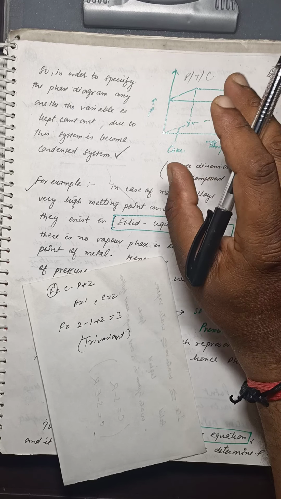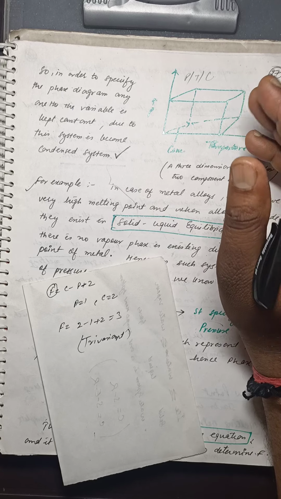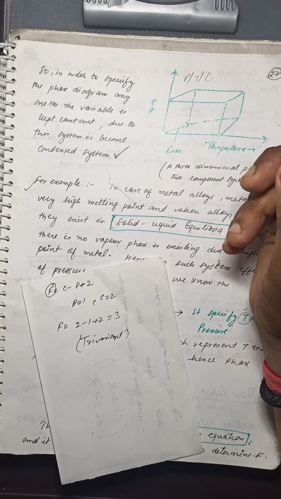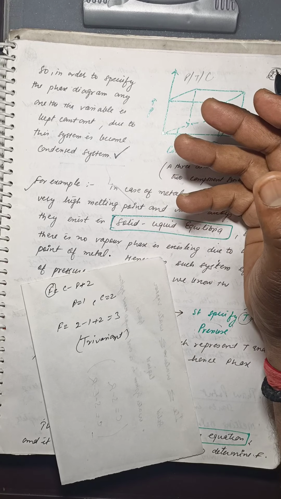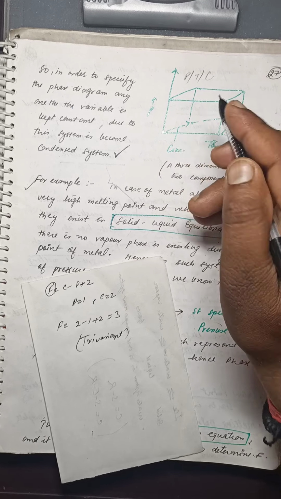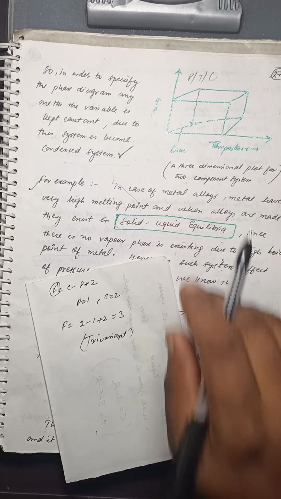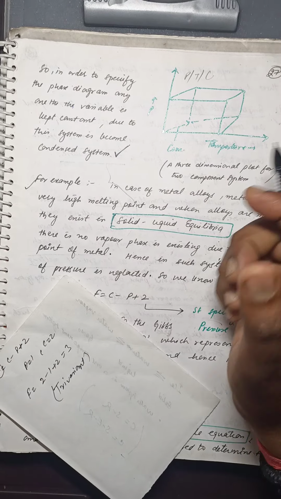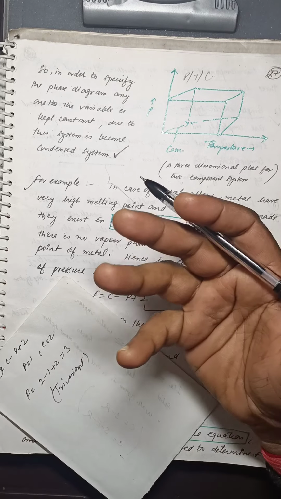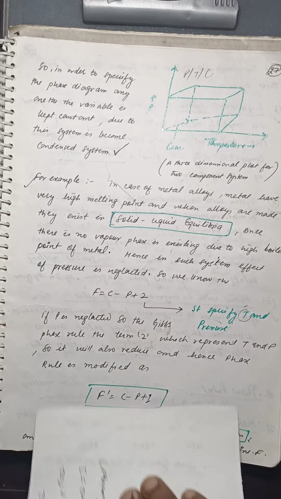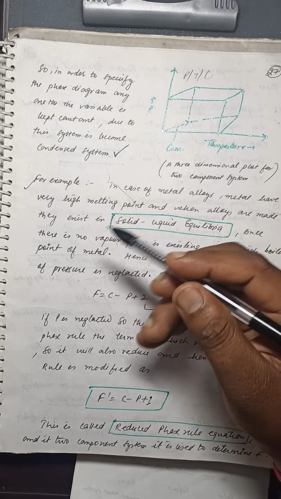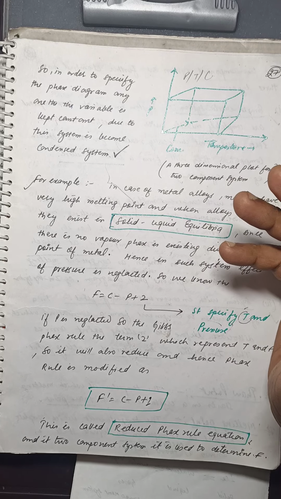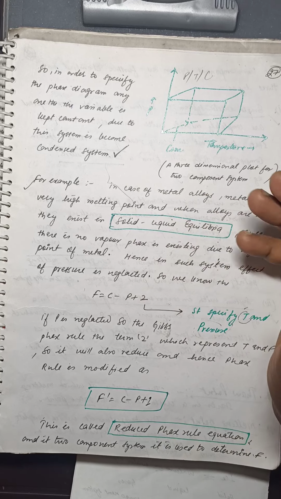So it is not easy to make a three-dimensional structure, so one of the variables should be kept constant, hence the system becomes condensed, and that system is known as a condensed system. Let us take the example of a metal alloy. We know that metals have a very high melting point, and when alloys are made, they exist in solid liquid equilibria. Hence there is no vapor pressure due to the boiling point.